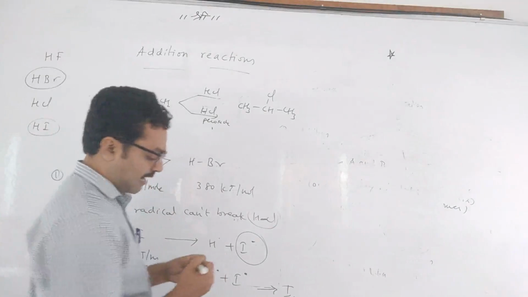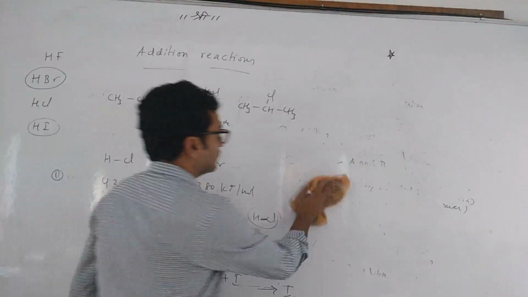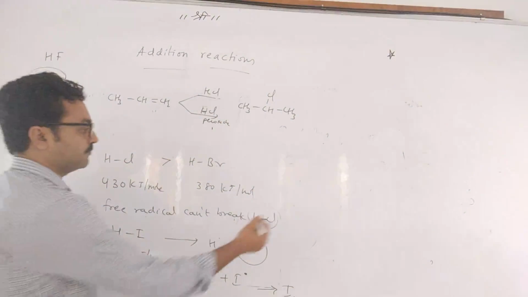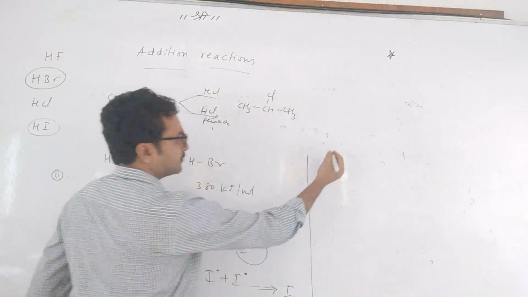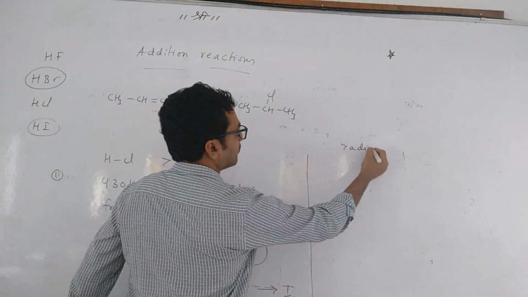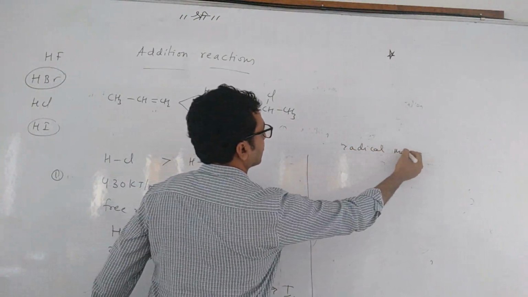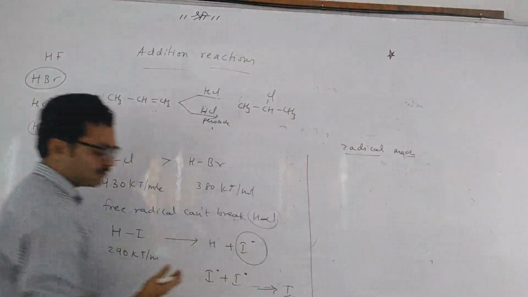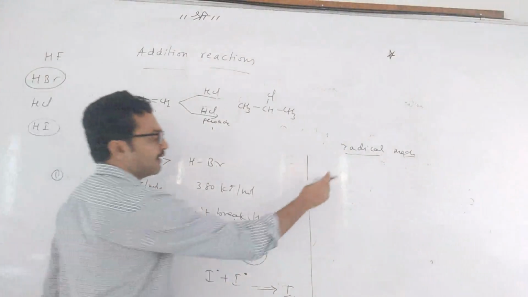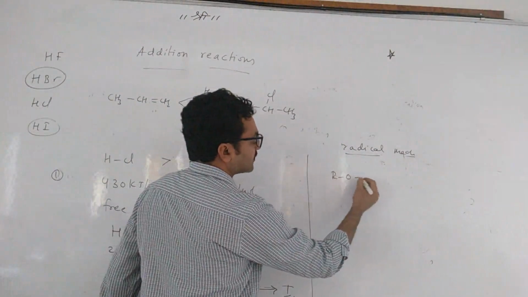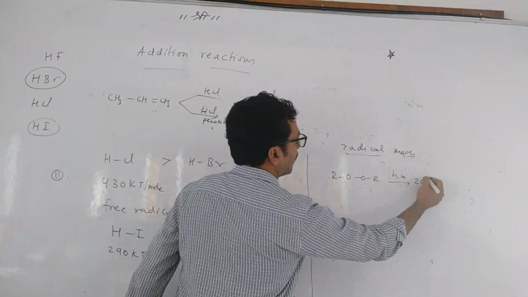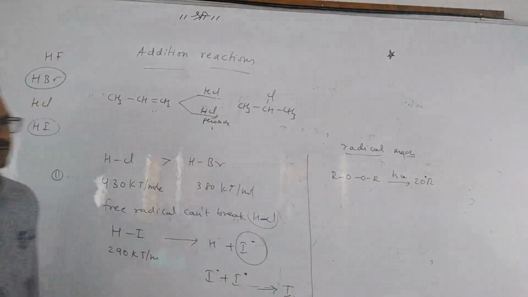I'll tell this little mechanism here. Radical mechanism. See children, once you look into it, because these reasons are important and this question they asked many times. First you will take peroxide. It is radical. In the presence of sunlight, you will get 2 OR radicals.